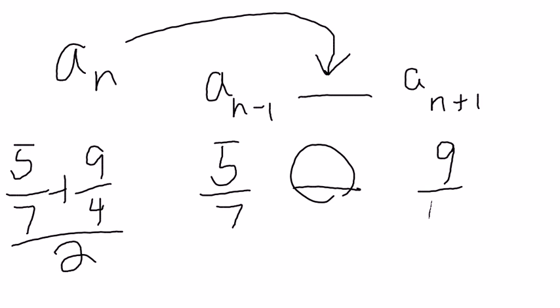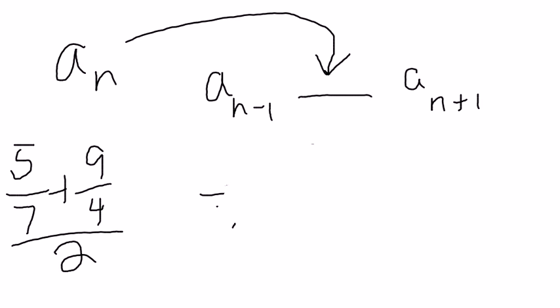Alright, so let's clear that up there to get some room. So we're finding the arithmetic mean of those two numbers. You can get a common denominator now, or you can just divide by 2 and get a common denominator later, however you want to do this.